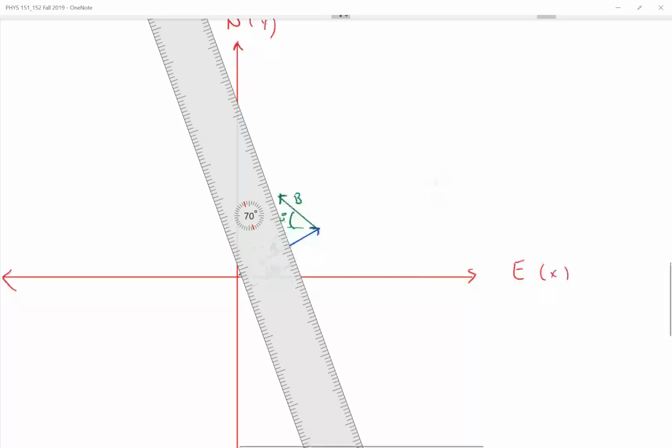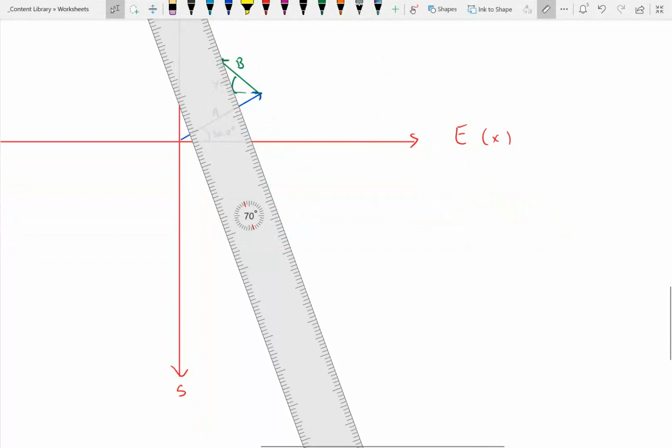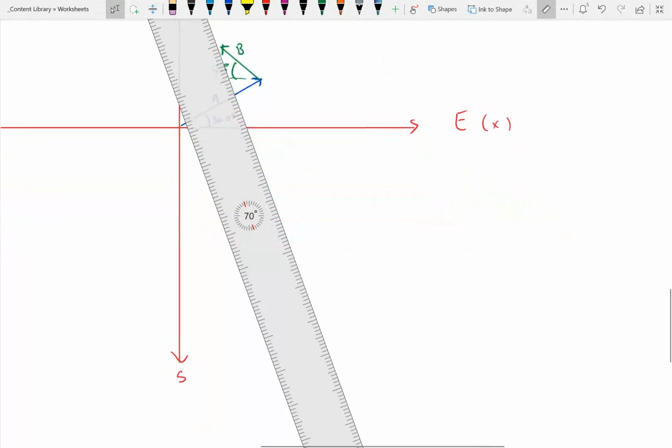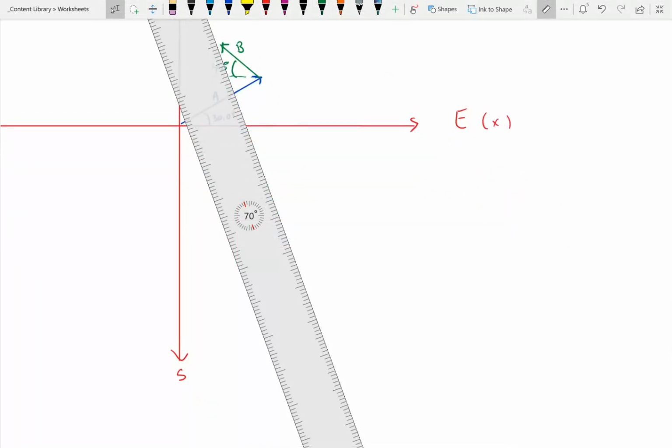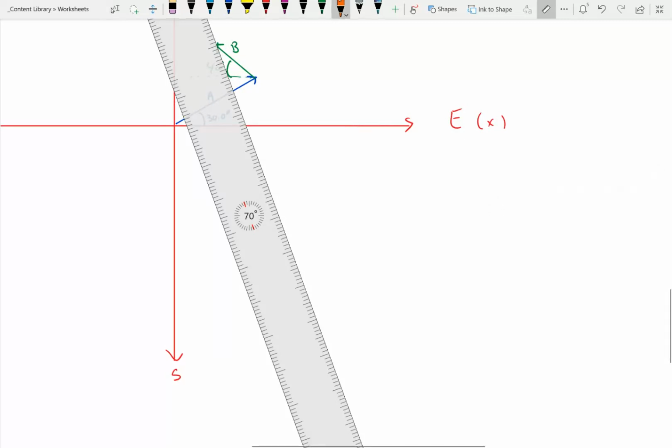I think I need to raise this up. Okay, I'll do it. So I'm going to go 11.4. So 1, 2, 3, 4, 5, 6, 7, 8, 9, 10, 11.